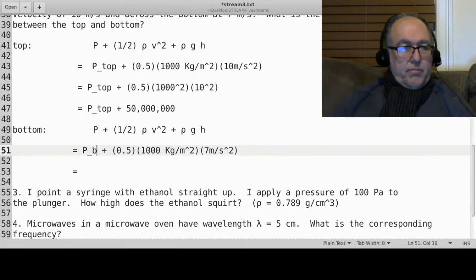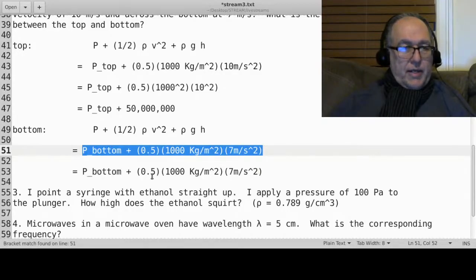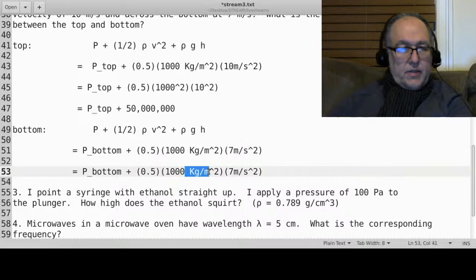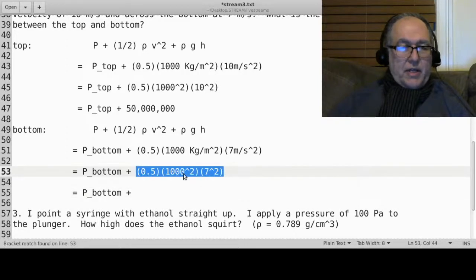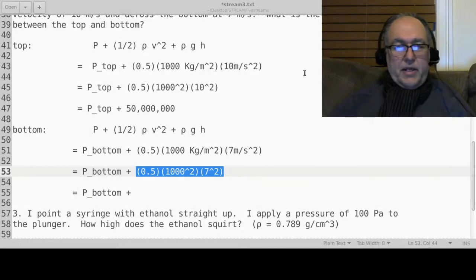This should be bottom, right? Bottom. So this whole expression again, but I'm going to get rid of the units like this. And that's going to equal this. I have a nice calculator where if I just copy and paste what I see there, it'll automatically calculate it for me. So there we go.